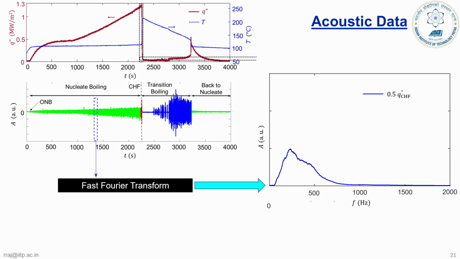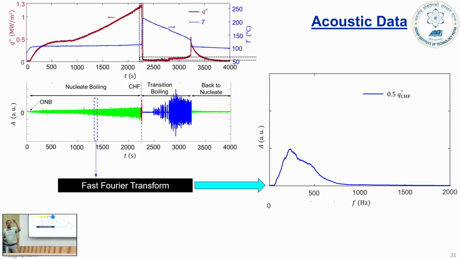So what you see here is the acoustic intensity, intensity of sound. If you zoom in, you'll have a lot of these fluctuations with time, and during this time, in terms of heat transfer experiments, you see the heat flux on the primary y-axis and temperature on the secondary y-axis.